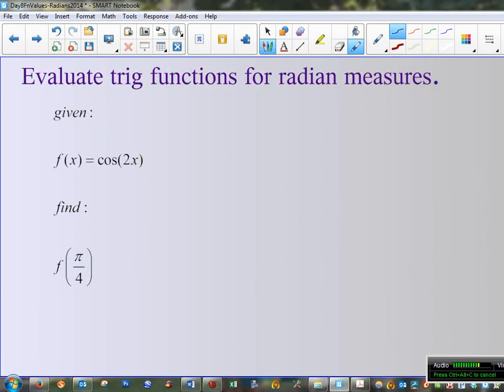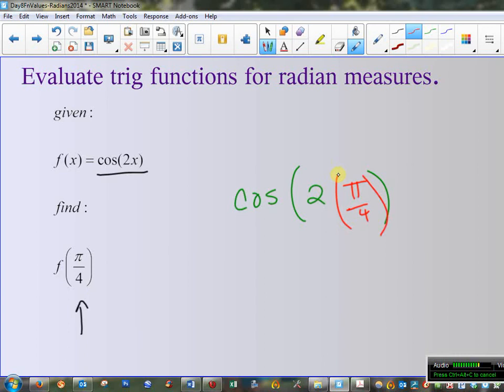When you see any function of x, whether it's a trig function or any other function, and you're asked to evaluate that function of x, but you're given some number for x, all that means is we're going to substitute this number wherever we see an x. So I'm going to rewrite this function as the cosine of 2, but I'm not putting an x in here. Instead, I'm going to put that pi over 4 in here.